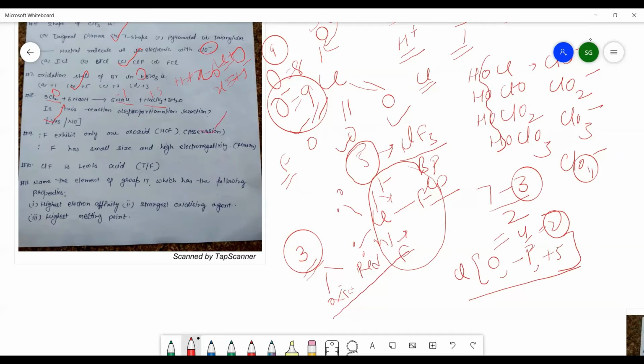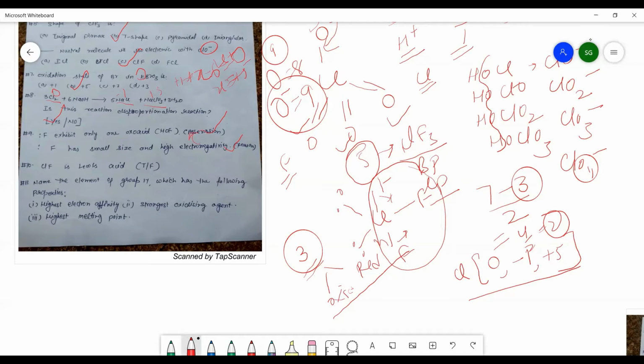So this assertion is right. Now see the reason. Fluorine has small size and high electronegativity. Yes, we know that. That is, the reason is right. It means both the statements are right, assertion and reasoning. Now we have to see, does this justify the statement?